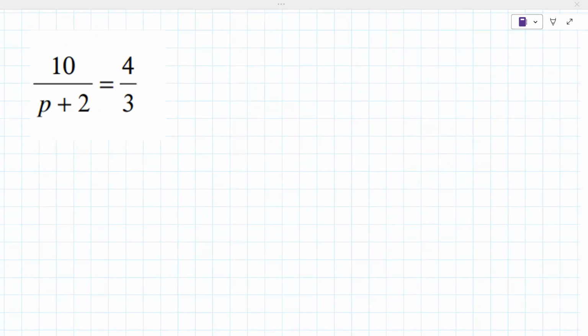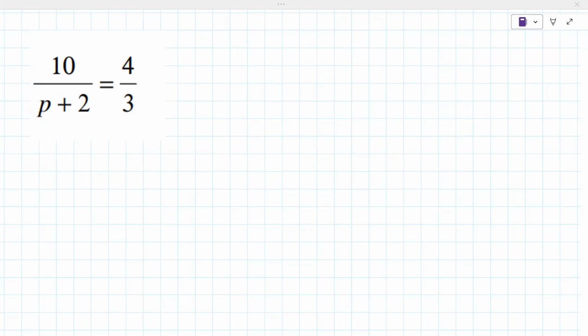10 over P plus 2 equals 4 over 3. 30 equals 4P plus 8. So 4P plus 8, minus 8 minus 8, is that 22 equals 4P.